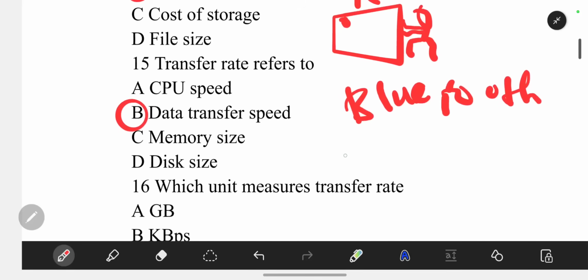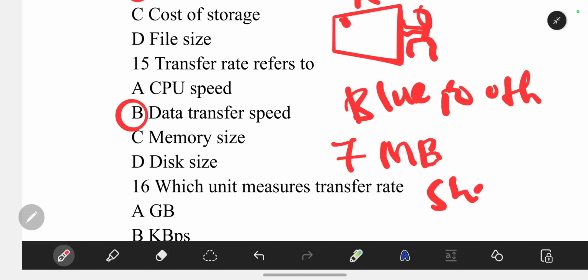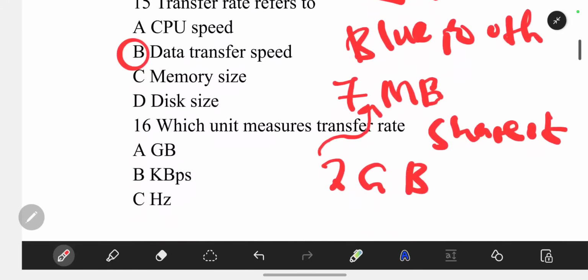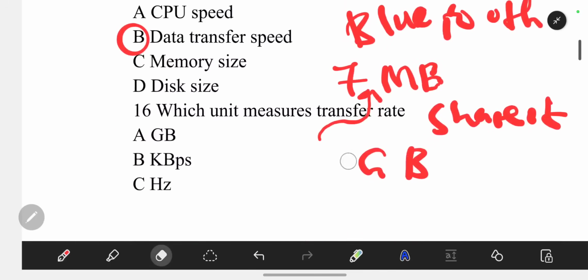You will find that just to transfer something that is 7 MB, it will take like forever, as compared to applications such as ShareIt, which have got a better transfer rate. You can even transfer a movie as big as 2 GB under 10 minutes. But for Bluetooth, if you were to transfer something that is 2 GB, it would take the entire generation of people. Some people will even die.